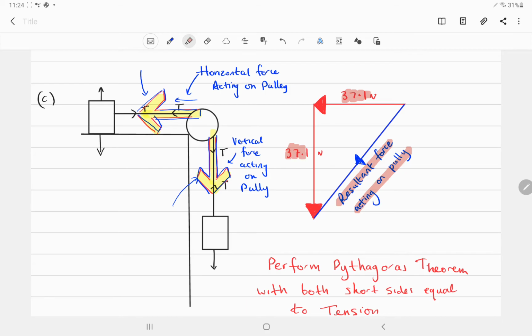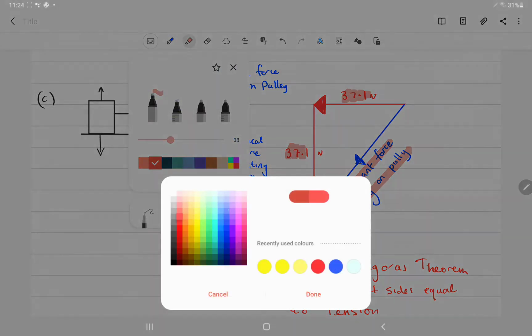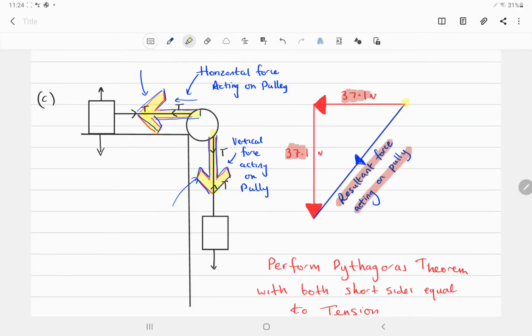So just notice that this, let me get the highlighter. This arrow here is the top arrow, pulling at the pulley. And then I'm going to take the second arrow and just put it here. So just draw your two arrows like that for all these questions to get the resultant force. Nose to tail. What do I mean by nose to tail? There's a nose, there's a tail.